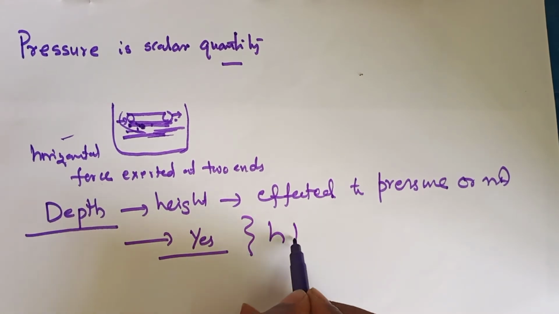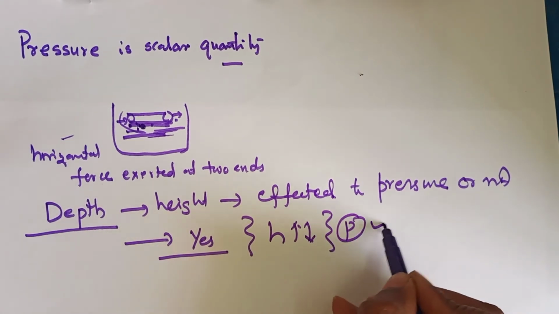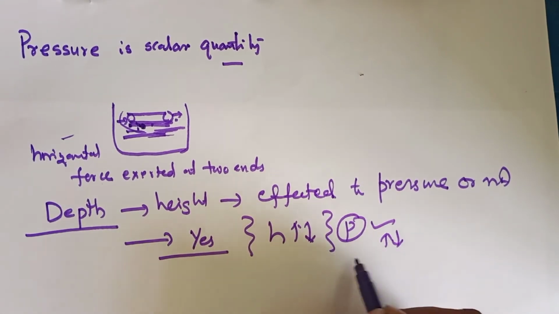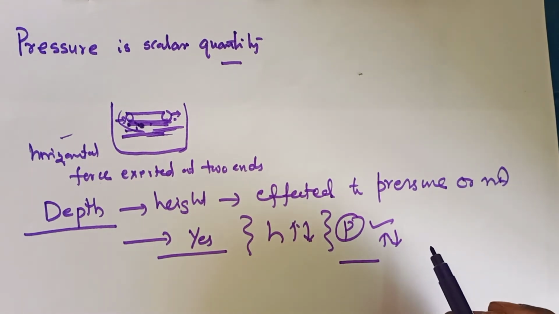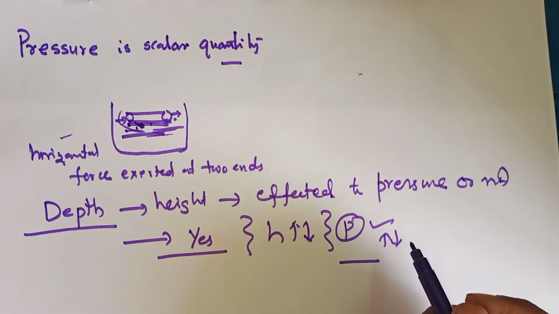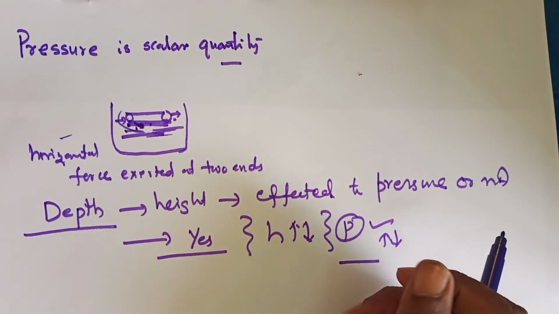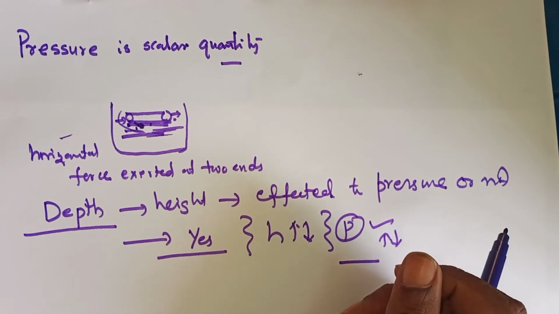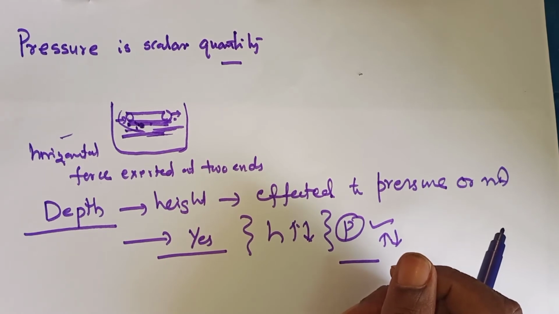As height is changing, P can definitely change. Let's say a simple formula: gauge pressure, absolute pressure, atmospheric pressure. What are absolute pressure, atmospheric pressure, and gauge pressure? Let's see them with the formulas.